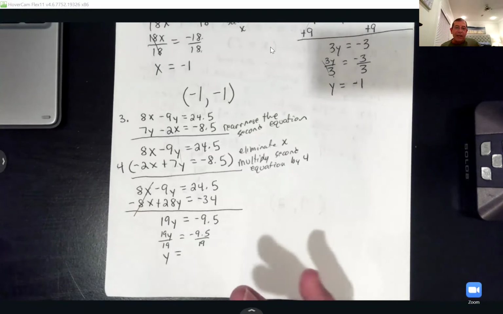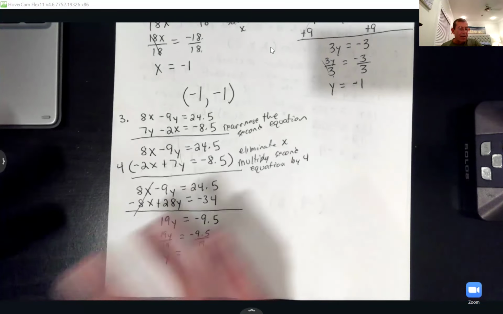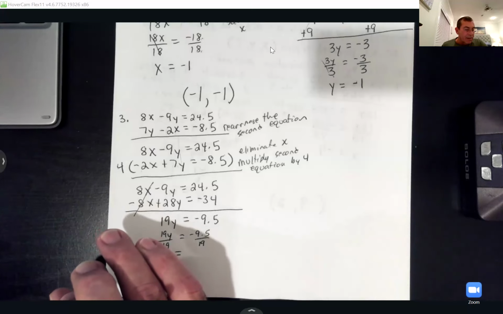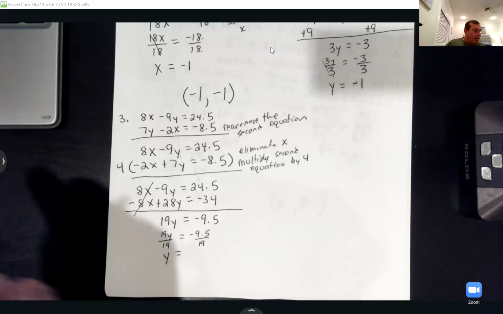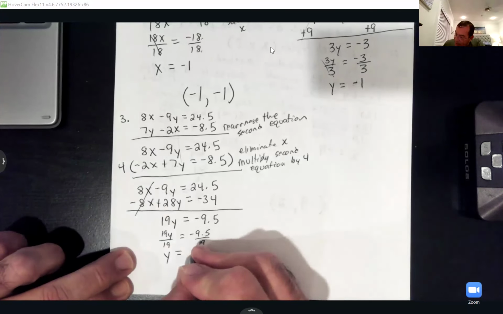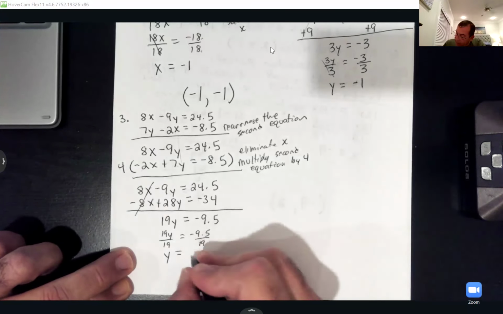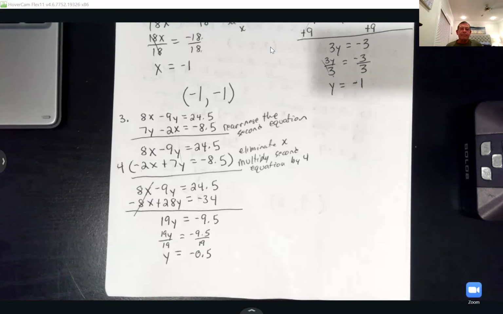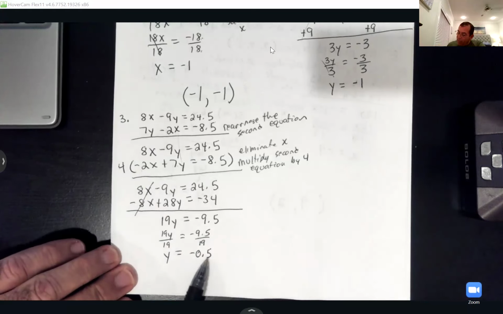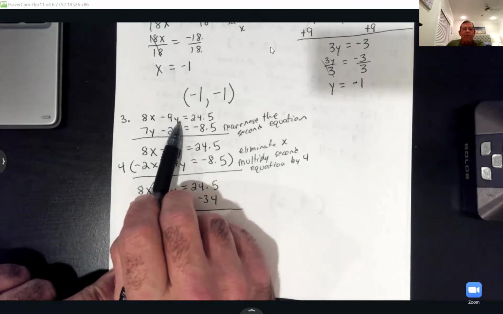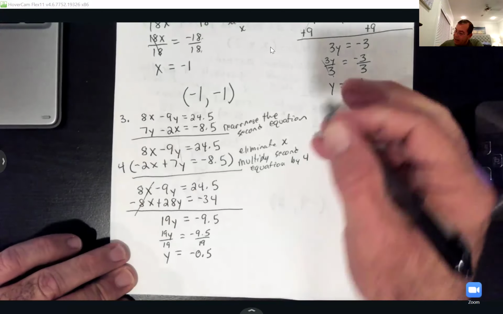This one I think will take decimals because it doesn't tell me to write a fraction; it just says type an ordered pair. Negative 9.5 divided by 19 gave me negative 0.5. So I now know my y value. I'm going to plug in that negative 0.5 and solve for x.